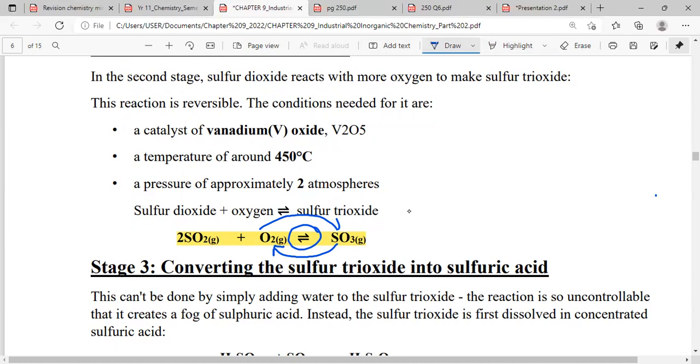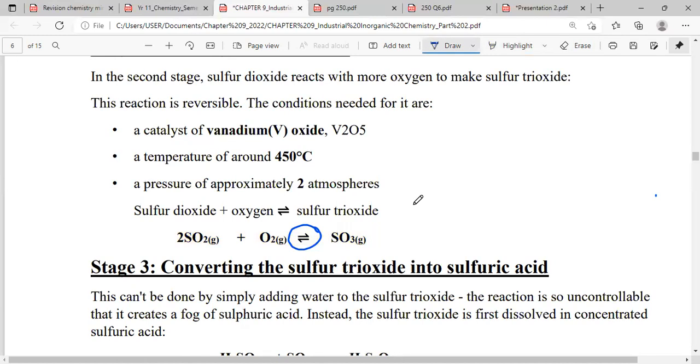Here, in order to get maximum product, in order to have more of the forward reaction, there are certain conditions that are used, just like the Haber process. Is that clear? You need to know the values, and you need to give the conditions. If you are asked for the conditions, you must give specific values.